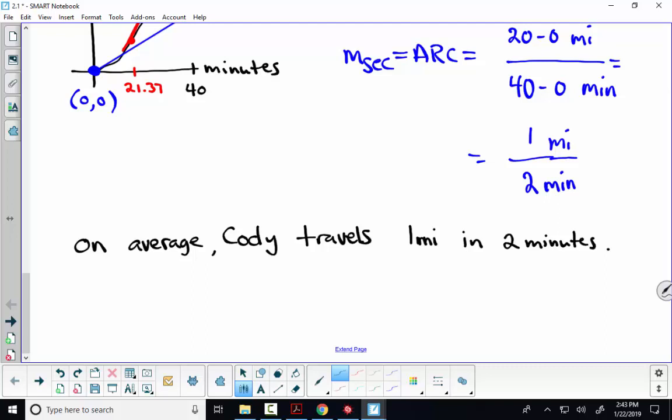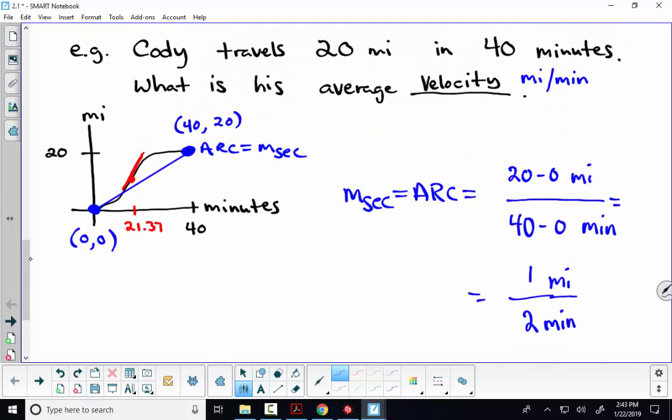But again, at any given time during my commute, my speedometer probably wouldn't say 30 miles an hour. So let's look at a particular example related to this, and then we'll start looking at how the slope of this tangent line, or the instantaneous rate of change, comes out of looking at the average rate of change. Everybody have that?